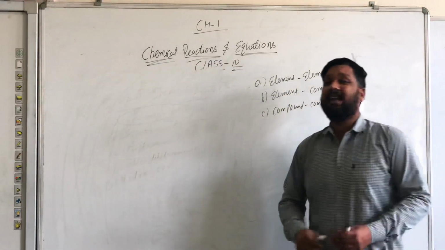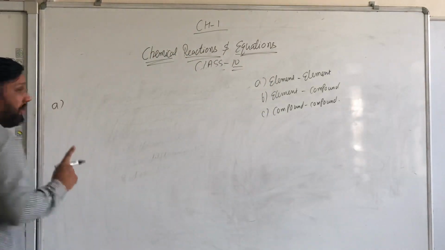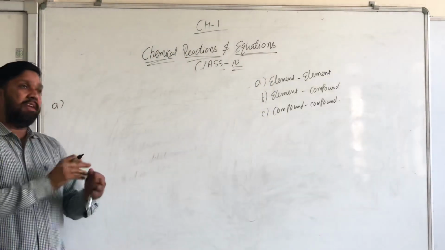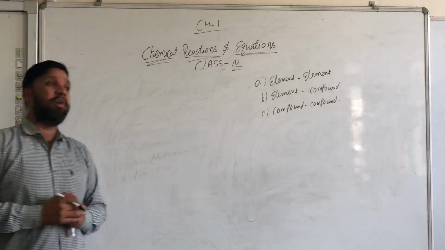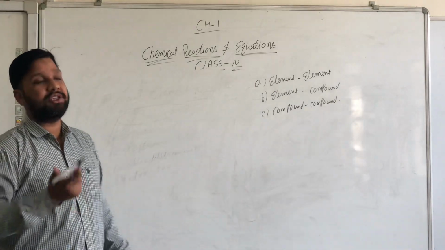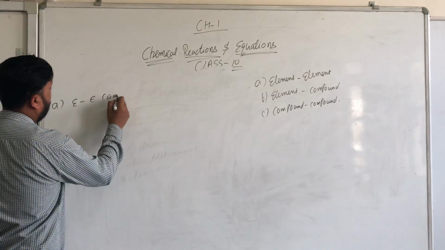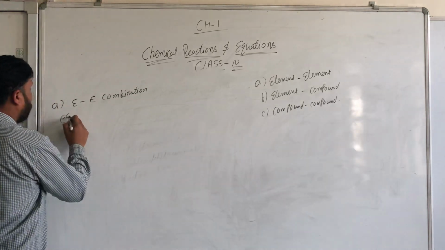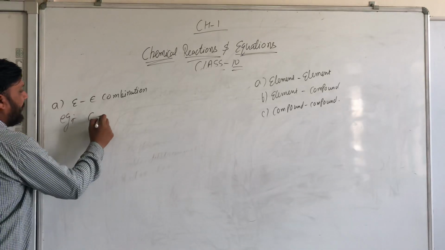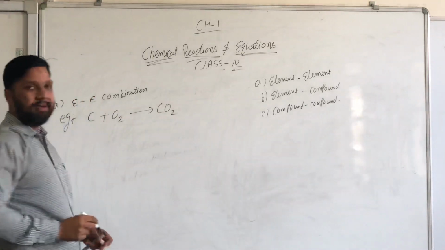In element combination, only one type of atom combines with one type of atom. That type of reaction is called element combination. Example, carbon plus oxygen gives us carbon dioxide.